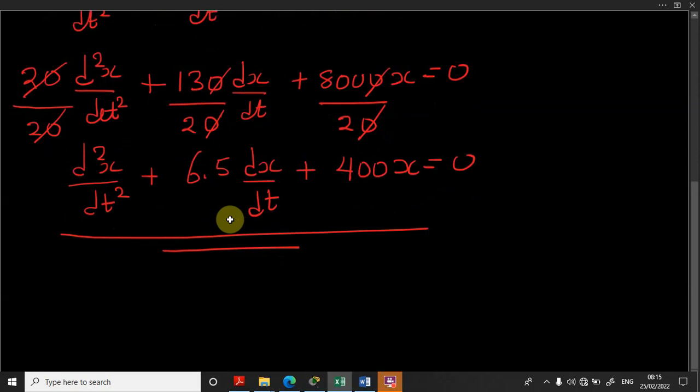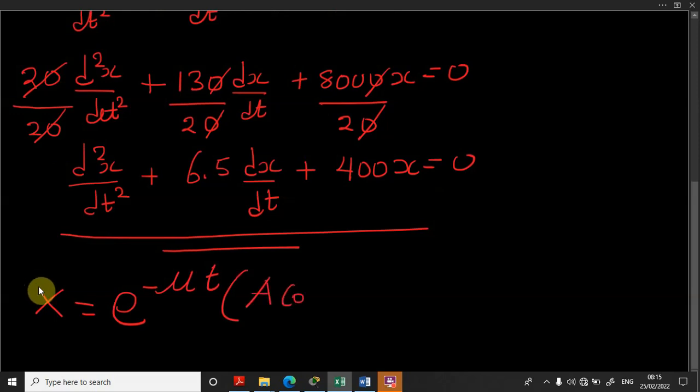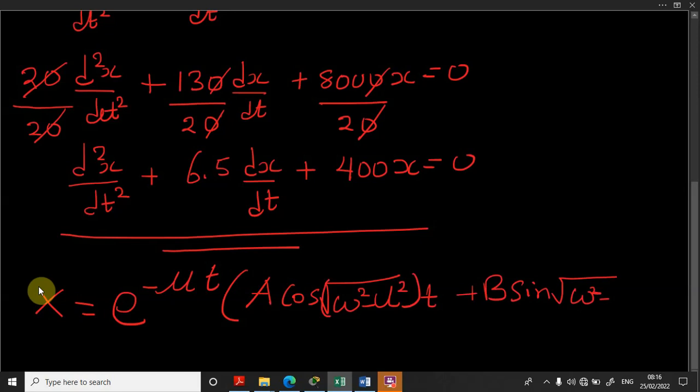For a forced damped vibration, the solution of the differential equation is written as x equal e raised to the power minus mu t into bracket a cos square root of omega squared minus mu squared t plus b sine square root of omega squared minus mu squared also multiplied by t.